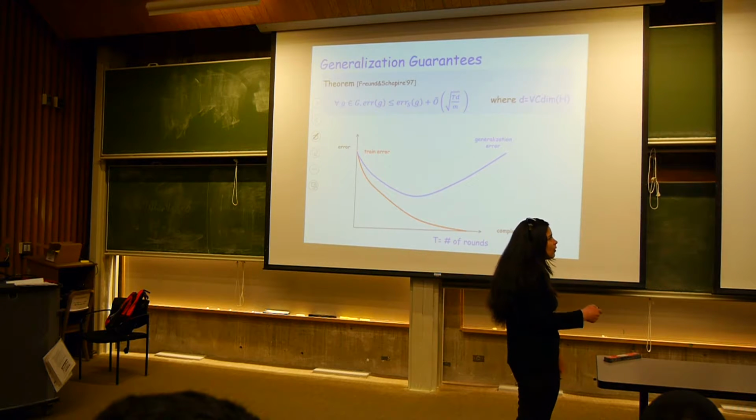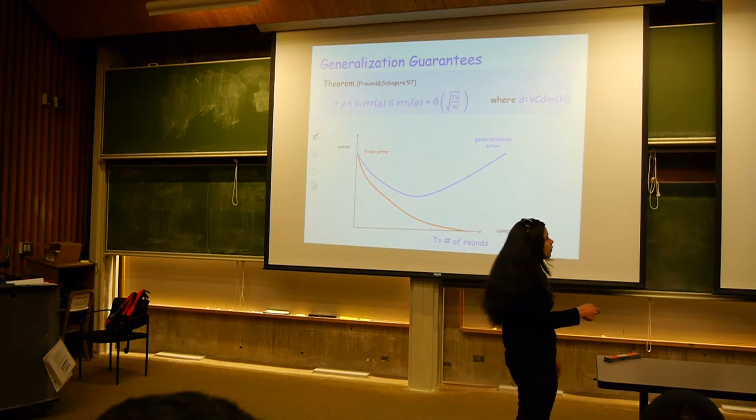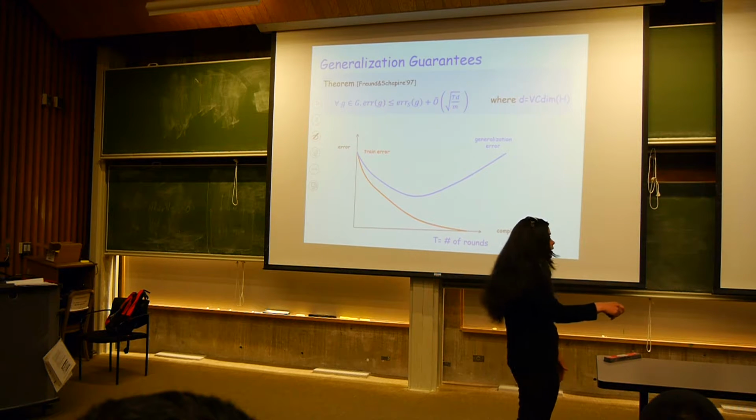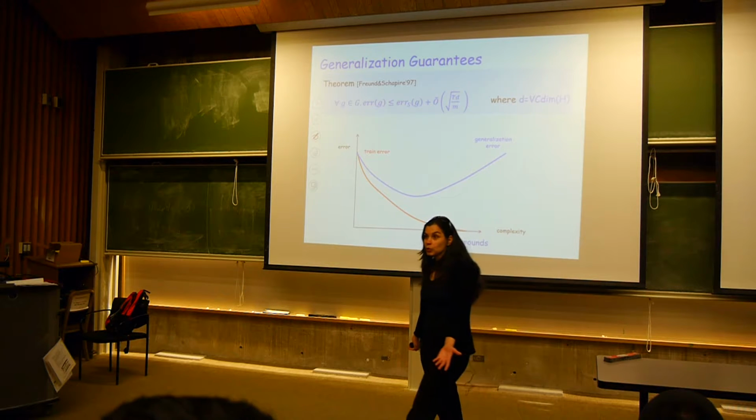We also know, by analyzing the bound, and it also makes a lot of sense intuitively, that as we increase the complexity of the classifier that Adaboost outputs, in other words as we increase the number of rounds, the behavior should look like this. Originally the generalization error is going to go down, but at some point the complexity term is going to start dominating, and then we'll start overfitting. So this is what we expect to happen.